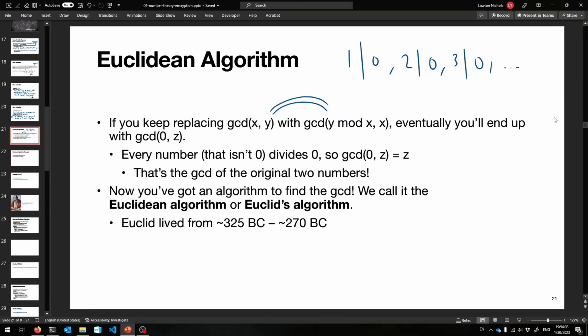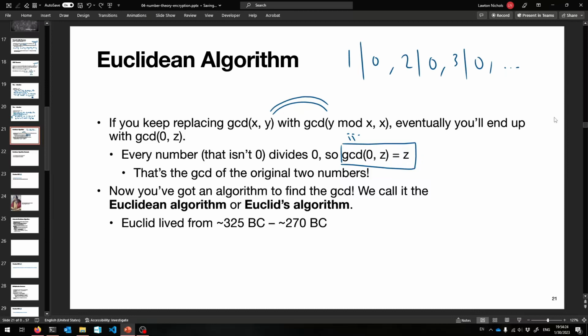So that is our base case. If we keep playing this game, eventually we'll get down to GCD of 0 and z, and z is our answer for the greatest common divisor of our original two numbers.